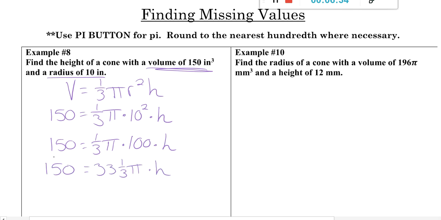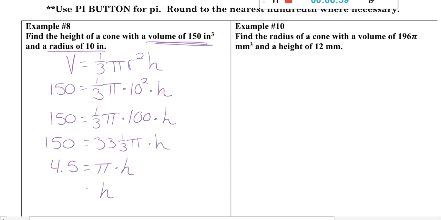So I'm going to divide 150 by, well, let's start with dividing by 100, and then I'm going to divide by 1/3, and I would get 4.5 equals pi times height. Divide by pi, and I get that my height is equal to approximately 1.43, again rounded to the nearest hundredth. So h is equal to 1.43 inches.